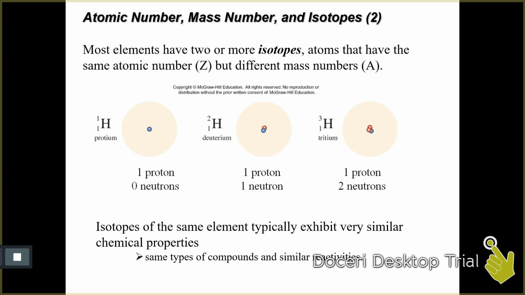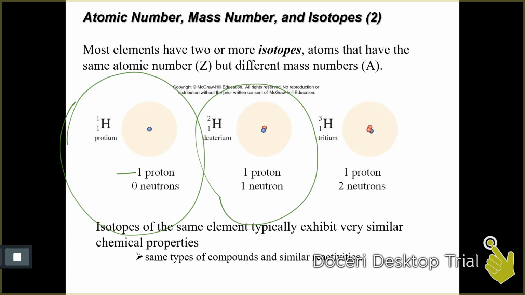Why did I list 3 different hydrogen atoms here? In the first one, you see 1 proton, but in the nucleus you don't have any neutrons. In the second one, I have 1 proton and 1 neutron. In the third one, I have 1 proton and 2 neutrons. All these 3 are hydrogen atoms.